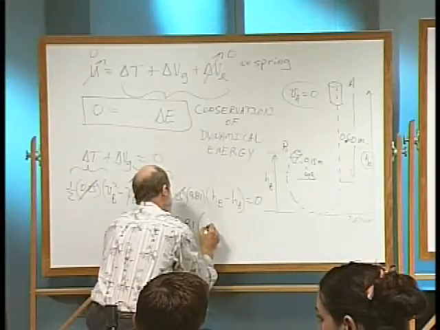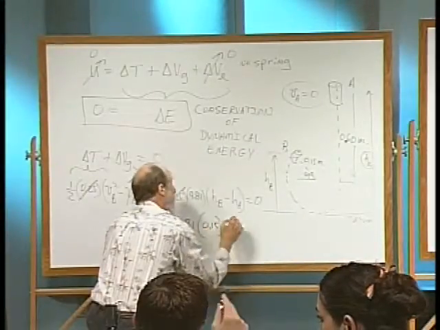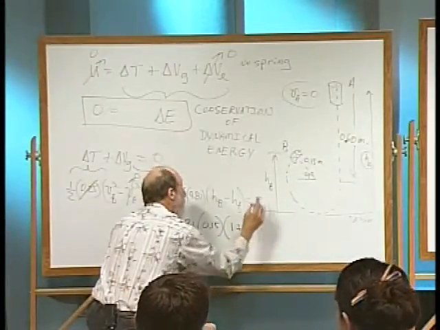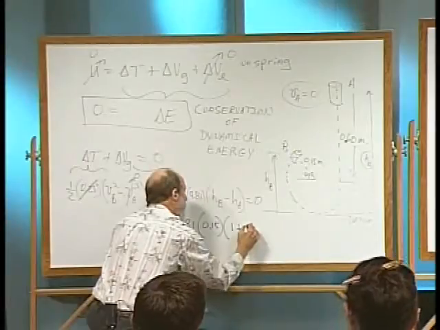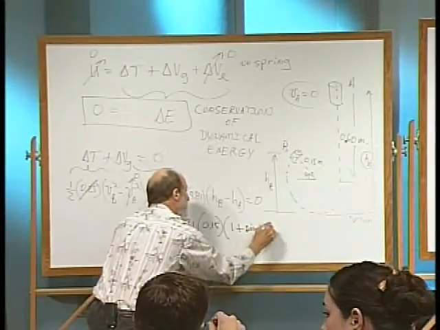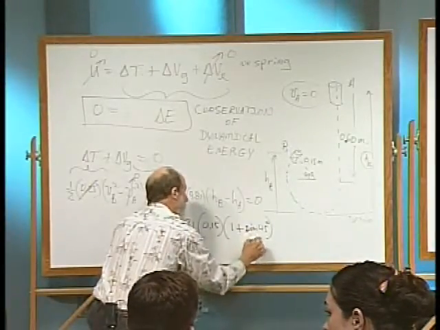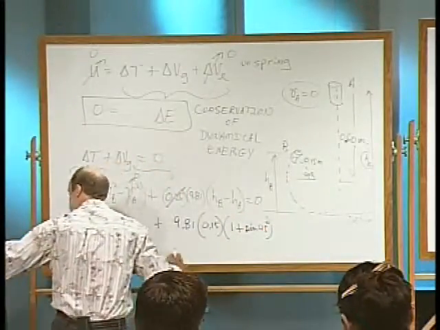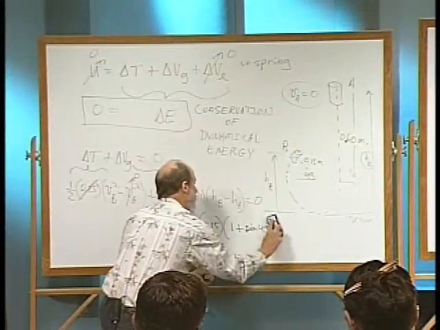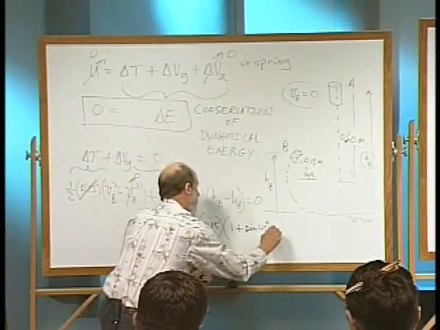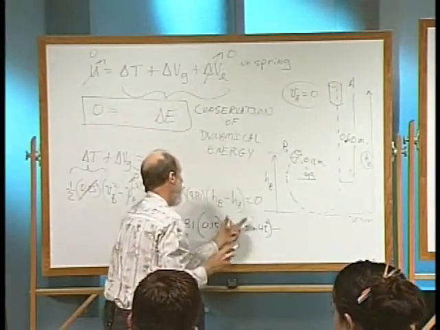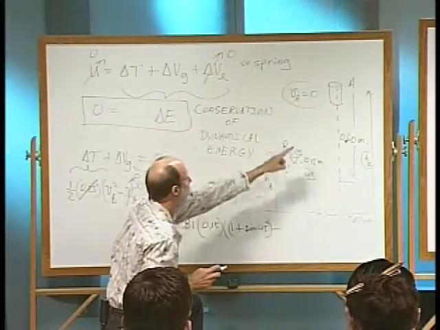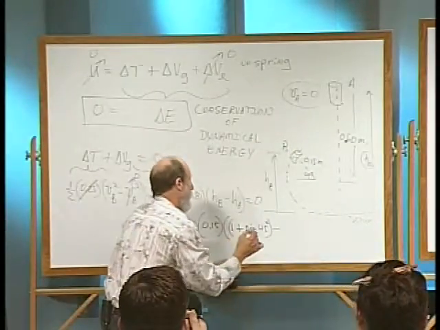If I factor out 0.15, because I'm adding to it, it's 1 plus the sine of 45, which is square root of 2 over 2. And then that's HB minus HA. HA was 0.6 plus 0.15, or 0.75.